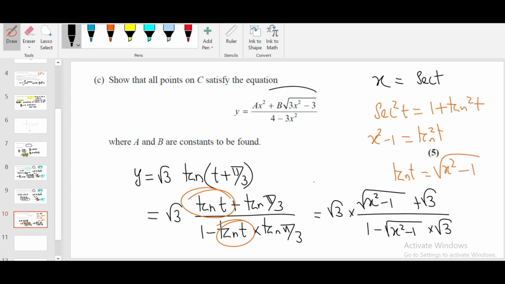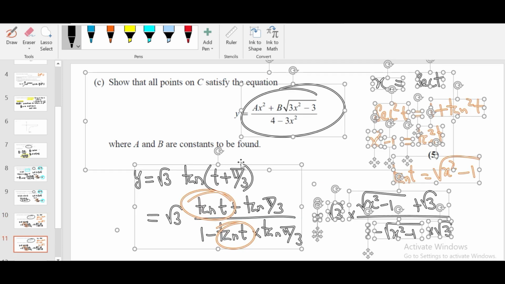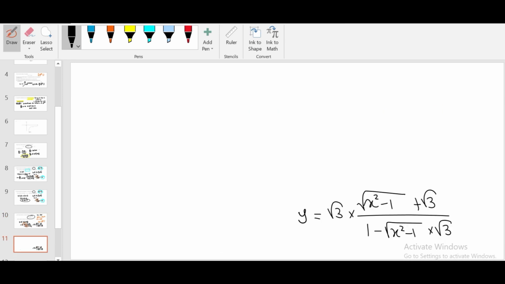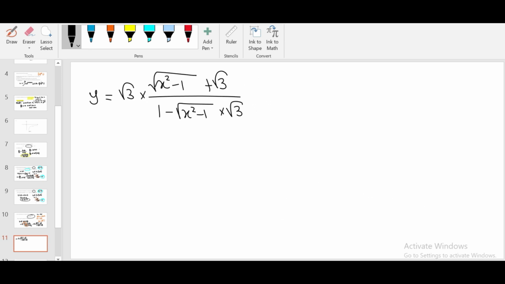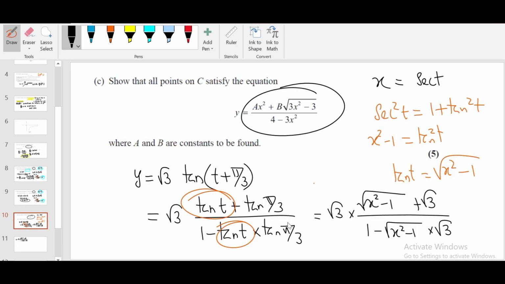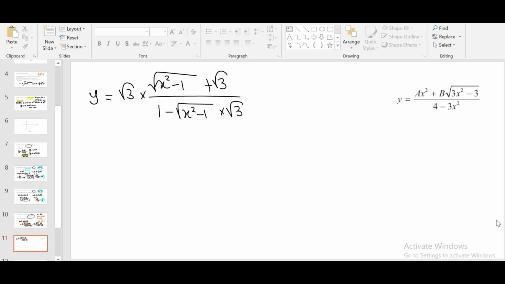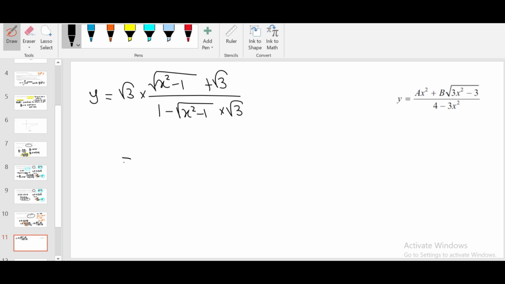We need to simplify this and write it in this form. Okay, so what I'm going to do now, I'm going to write this as, keep the root 3 as it is, square root of x square minus 1 plus square root of 3 divided by 1 minus root 3 times root x square minus 1.